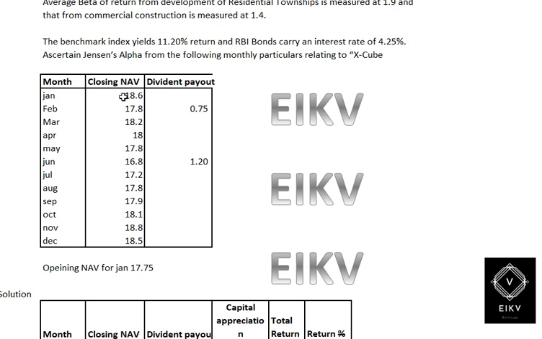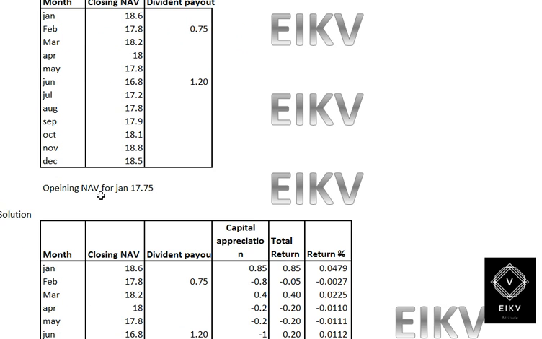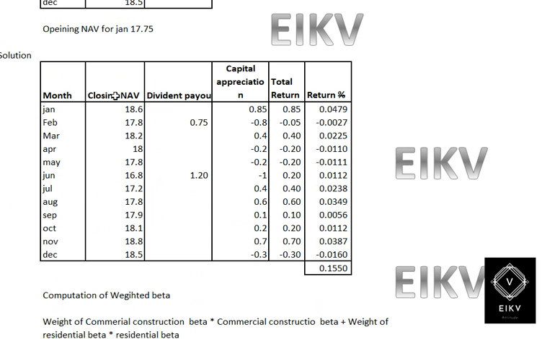The months run from January to December, and the closing NAV will be 18, 18.6, 17.8, 18.7, 18, 17.8, 16.8, 17.2, 18.2, 17.9, 18.1, 18.8, and 18.5. Then in the dividend column, the dividend has been issued in February as 0.75 and in June as 1.2.